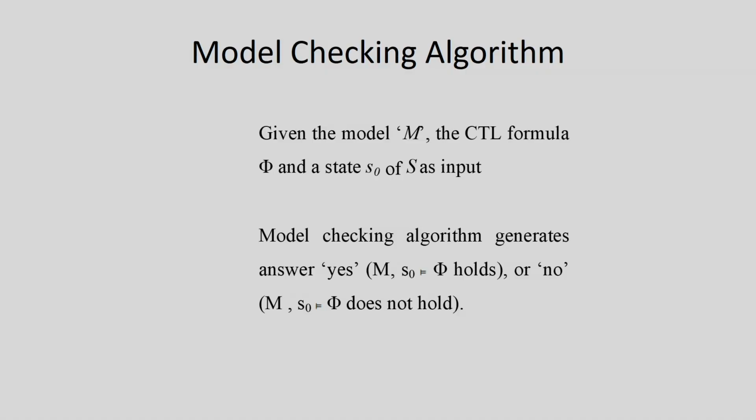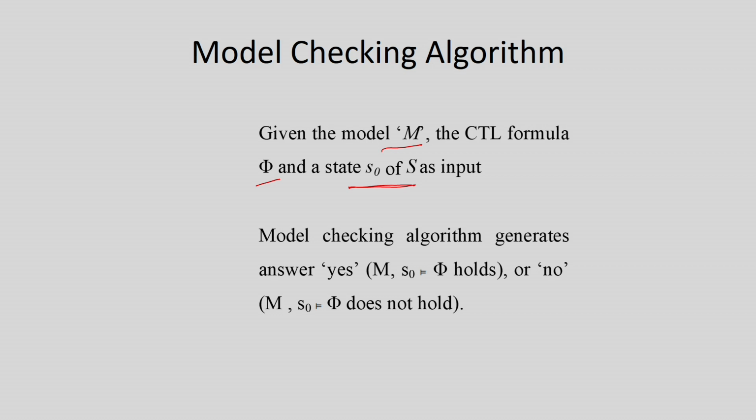One way is to say that we are given the model M, the CTL formula phi, and a state S0 of S. So here we have three inputs: the model M, one CTL formula, and a particular state S0 or maybe Si of the system.